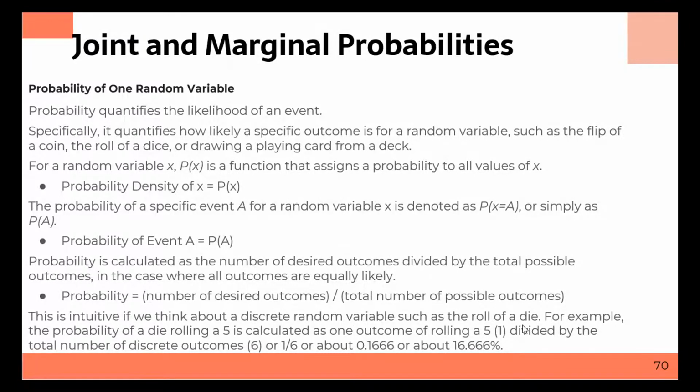For example, the probability of a die rolling a 5 is calculated as one outcome of rolling a 5 divided by the total number of discrete outcomes, which is 6. Or 1 by 6, or about 0.16 as we just calculated. Or it is 16.666%.